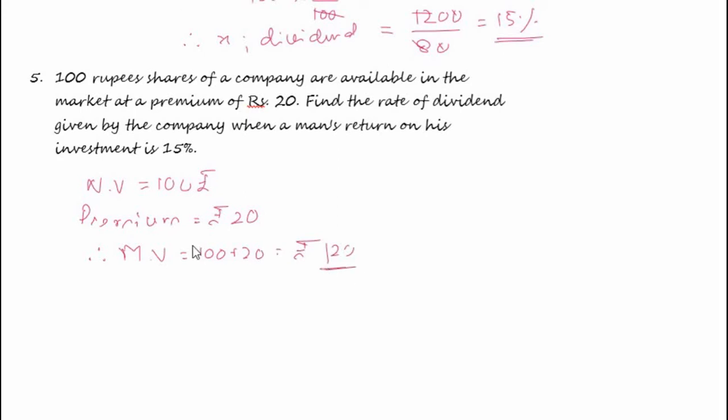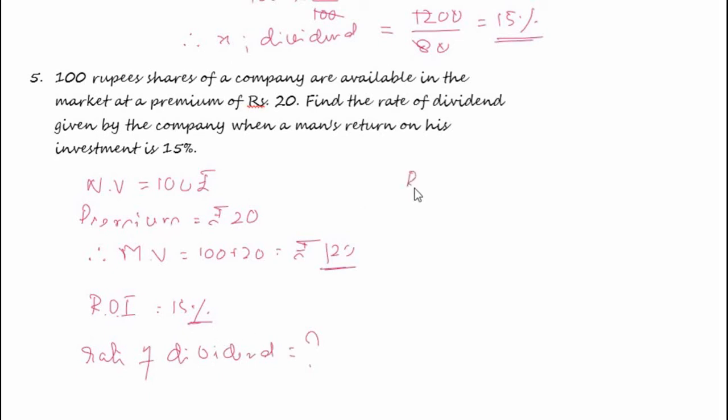What other data is given? Return on investment, ROI. Return on investment is 15%. Find the rate of dividend. So we need to find out the rate of dividend. Now return of investment is given.